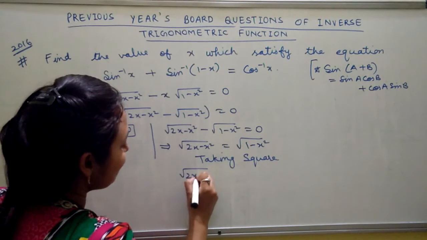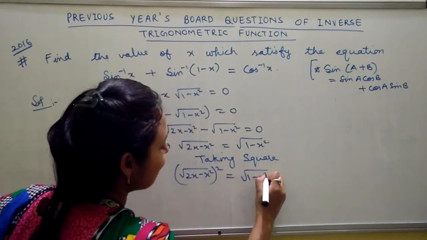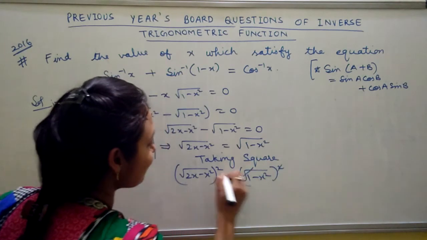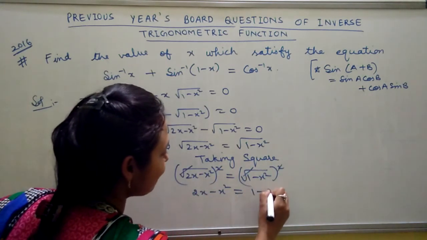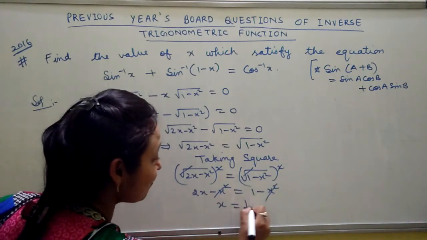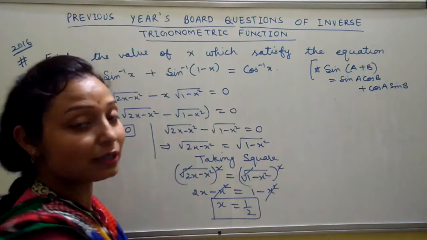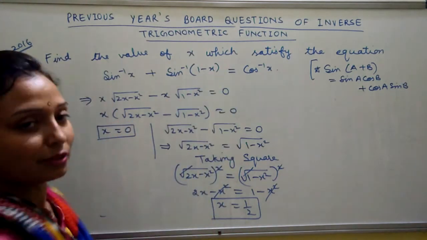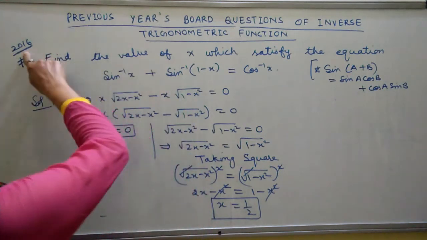By taking square, 2x minus x square whole square is equals to 1 minus x square whole square. Square and root will cancel, 2x minus x square is equals to 1 minus x square. X square and x square will cancel and x is equals to 1 by 2. So this is the second value of the given equation. And this way we can solve this question that comes in 2016.